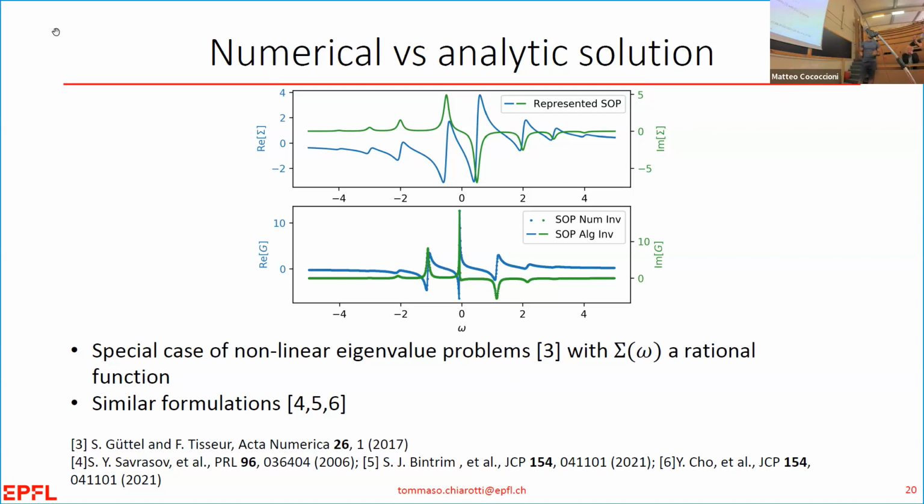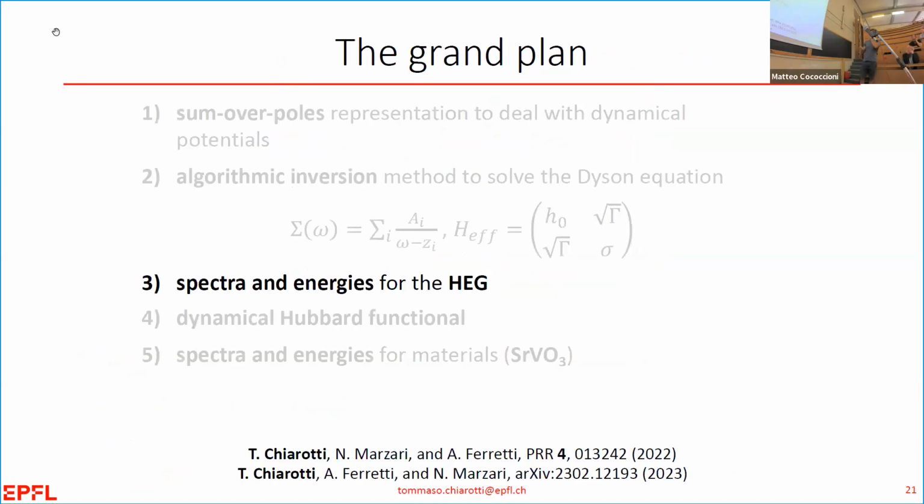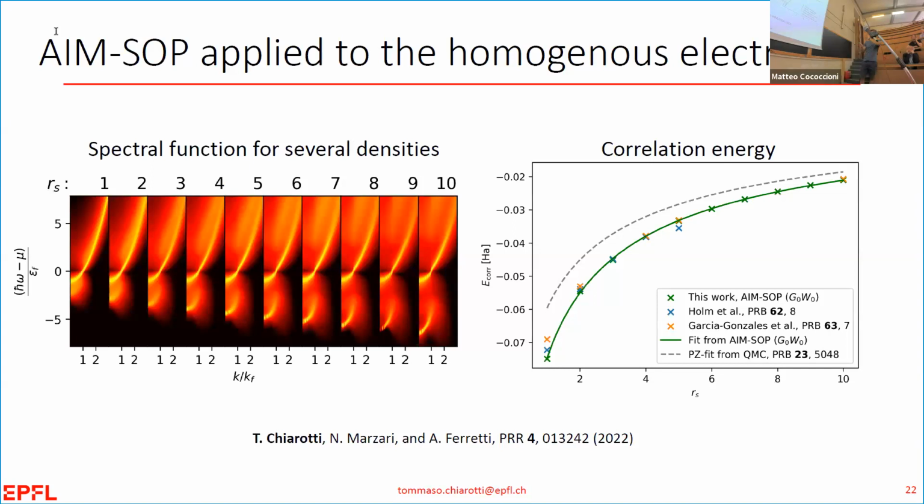And it is also related to techniques that have been used in electronic structure already, in a different context, for example to solve the polarizability Dyson equation and all of this. Now it is very formal, very well understood. Okay. Now we have used all this machinery.